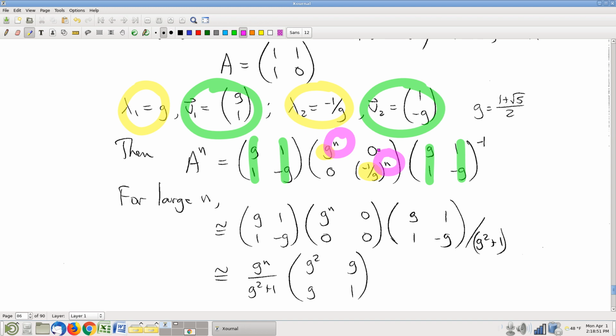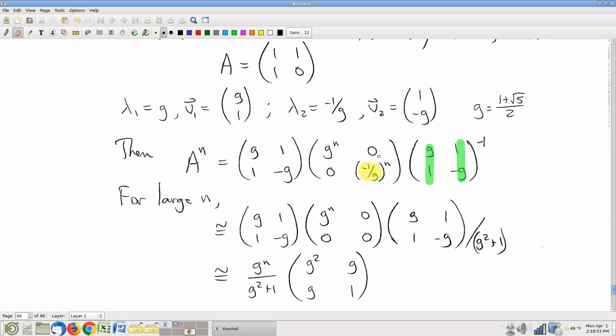One little quick time saver is to notice that this number here, negative 1 over G, is less than 1. So if you are computing with this formula a very high power, like let's suppose we're trying to compute the 100 trillionth Fibonacci number, then that number to the power of n is crazy small.